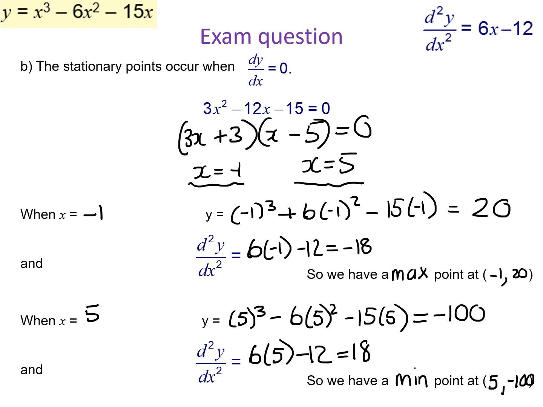So again, go back to graph mode, pop in x to the power 3, move the cursor key to get the arrow down off the power, subtract 6x squared, and then take 15x, and look at that graph.